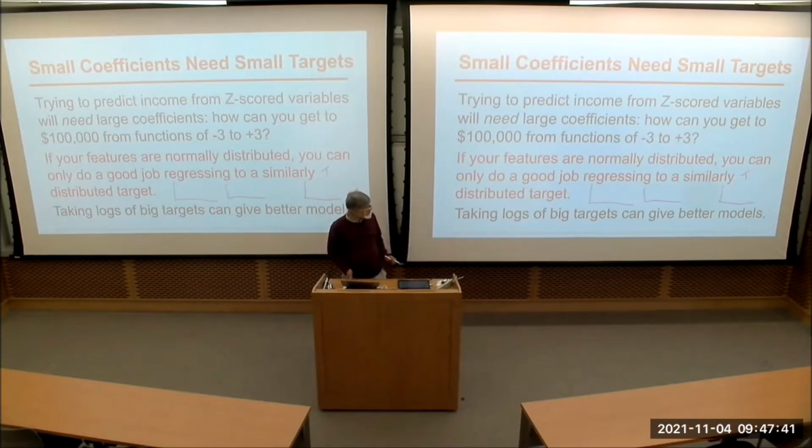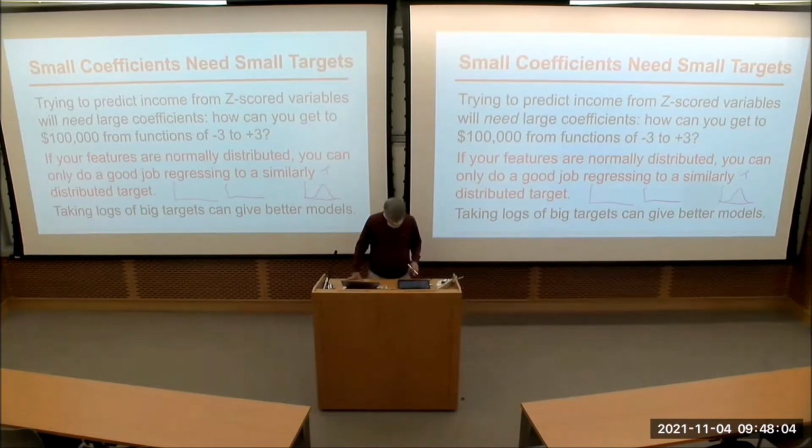Say you're trying to predict height, which presumably has a bell-shaped distribution. If the output is normally distributed, then your features had also better be normally distributed.